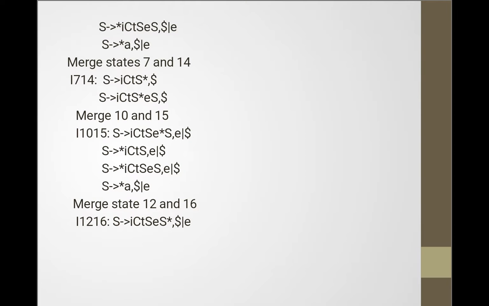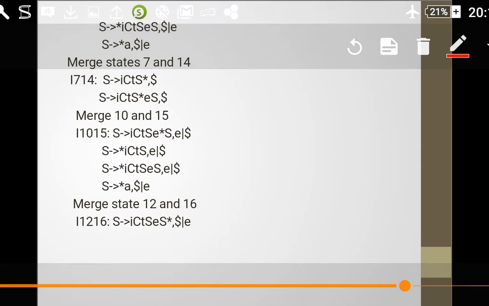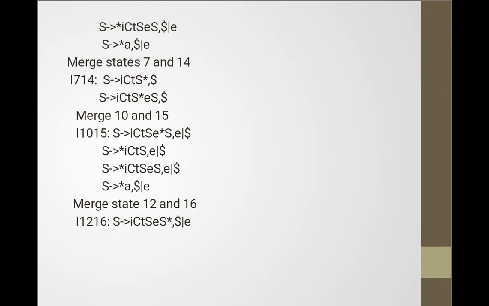I10 15: S → ICTSE·S, E or $. Next step, S → ·ICTS, E or $. Next step, S → ·ICTSES, E or $. Next step, S → ·A, $ or E.